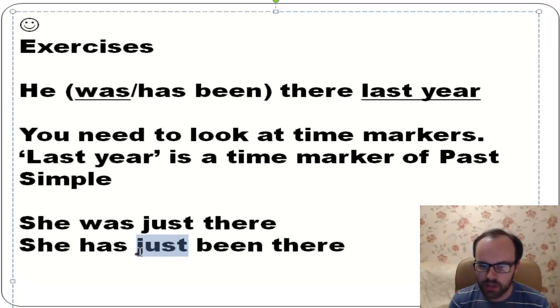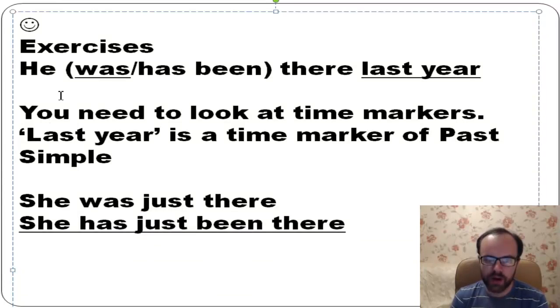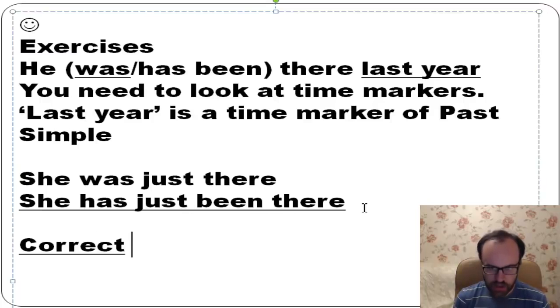So what is right? Just is a time marker of present perfect. So you need to say she has just been there. And one more task. Correct the mistake.